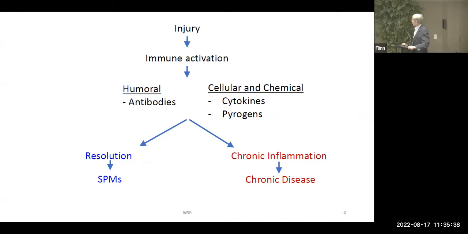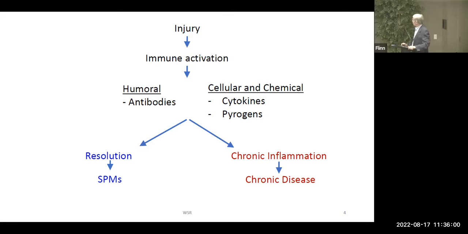There's the humoral component, which consists of antibodies produced against whatever the invading organism is. And you have the cellular and chemical response, in which the cells attack the invading organism, and the cells release chemicals designed to also destroy it.